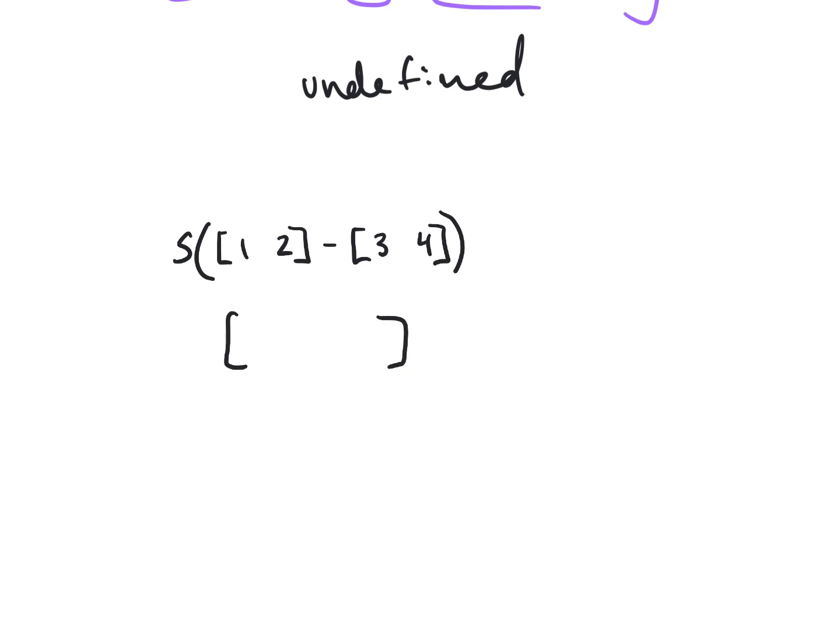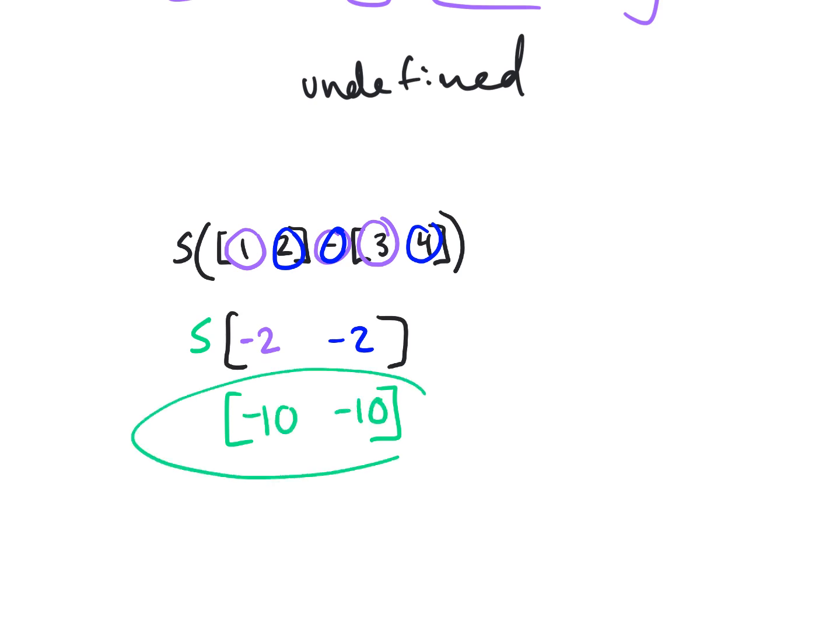So what am I doing on the inside first? 1 minus 3, because it's a minus, which is negative 2. And then what do I do? 2 minus 4 is -2. And then I still have to multiply that times 5. So just do the inside first, then multiply. So what would I get when I multiply? -2 minus... Negative 10 and negative 10. So that's my answer.